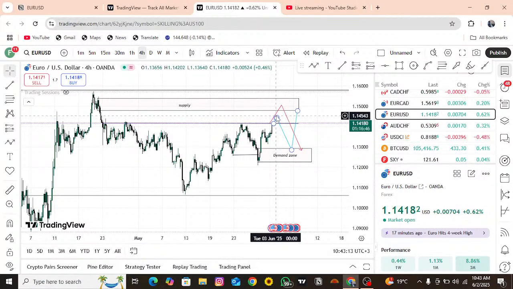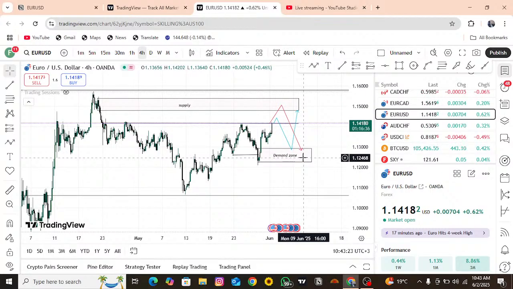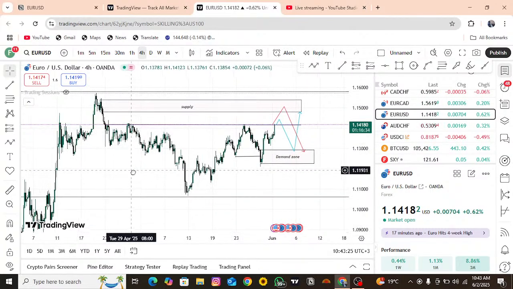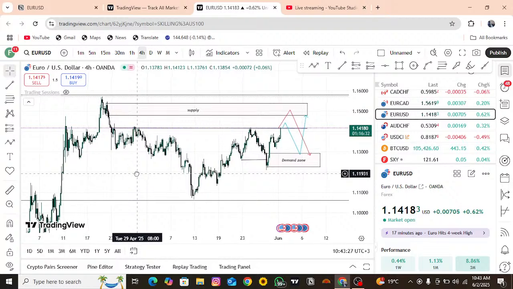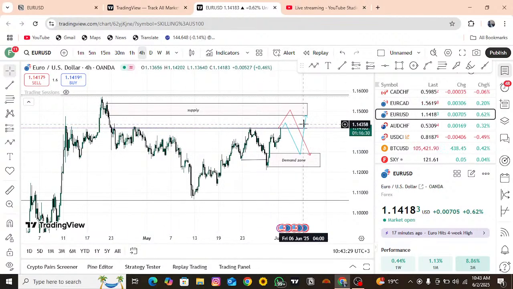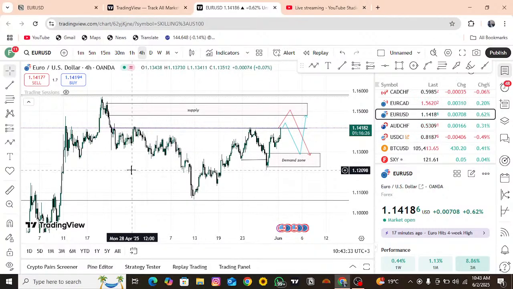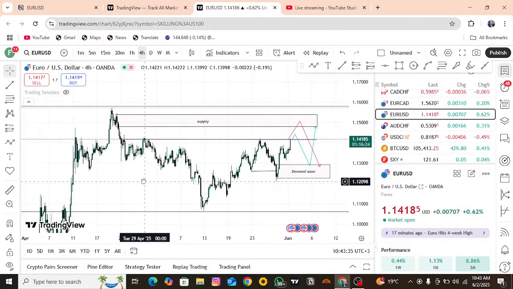I can only buy when the market rushes down before collecting here, and I can only sell when the market rallies to this point and I'm getting entry signs to go down. So in that case, what do we do? We have to wait and see what the market will do.